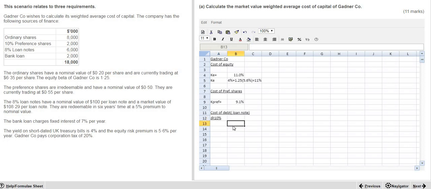Now at 10%, what I'm going to do here, you remember that year zero is where we put the market value. And the market value is always multiplied by 1. That's in year zero. Then the interest, after we've removed the tax relief on the interest payment, we multiply.